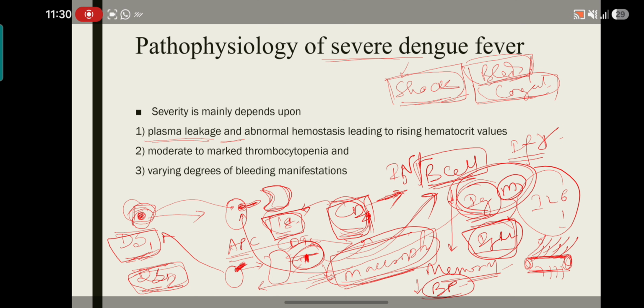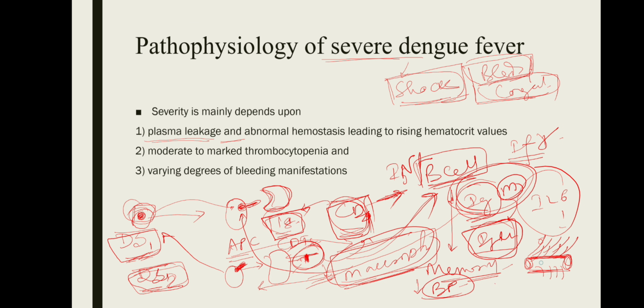So the patient may present with shock. Second, as there is a huge leakage, the hemoglobin gets concentrated, that means there is an increase of the hematocrit. These cytokines and this huge amount of immunoglobulin, the antigen has some molecular mimicry of the normal platelet.